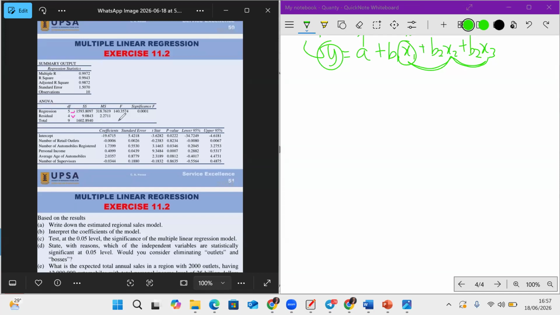Divide 1593 by this. That is SS over MS. What do you have? I want to check something.